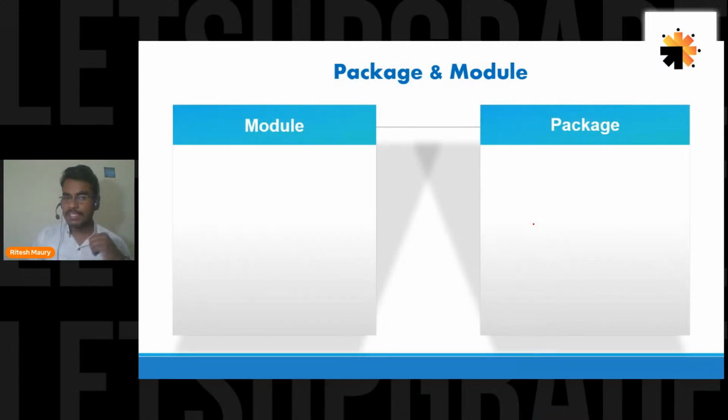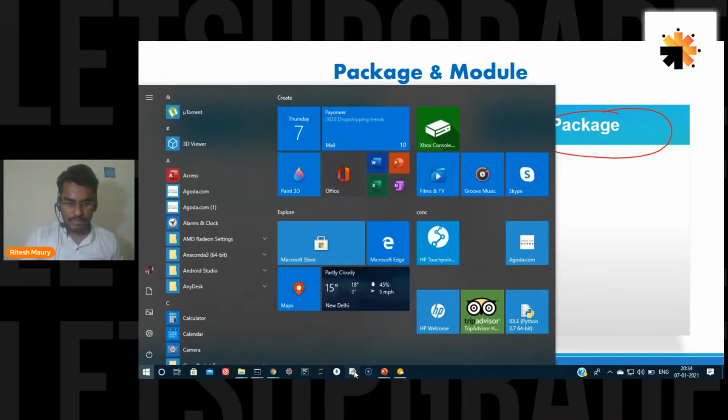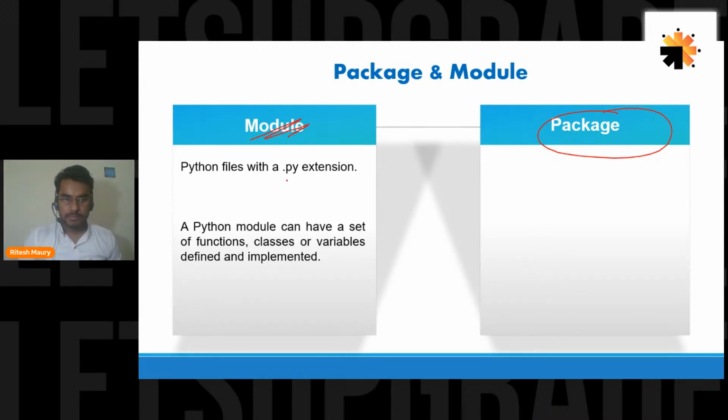Before going to packages, we have to understand modules. Even when you're writing any file in Python, let me show you. A module is nothing but a normal Python file which is stored with a .py extension.